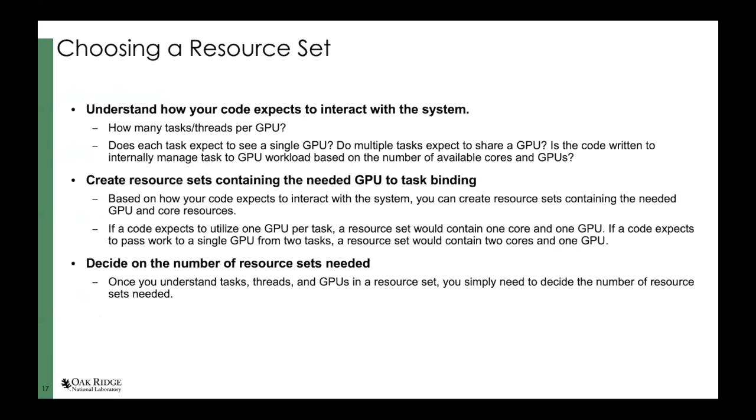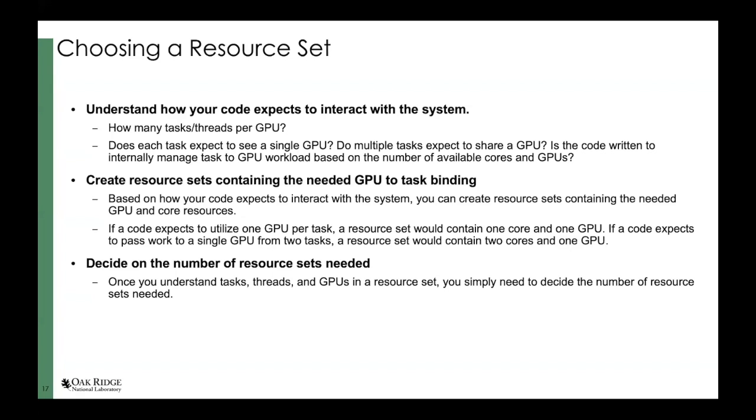These are the key pieces that I think about when thinking about resource sets and how they interact with the code in a job. When you're thinking about how to create a resource set, it's probably good to start with: what does your code want the node to look like?